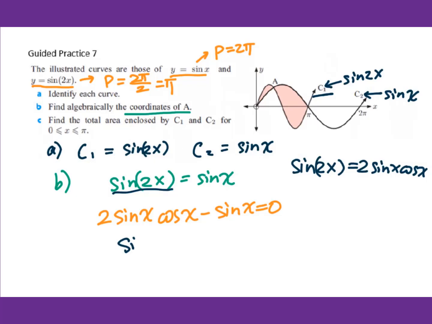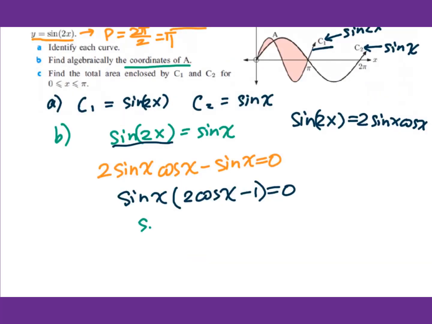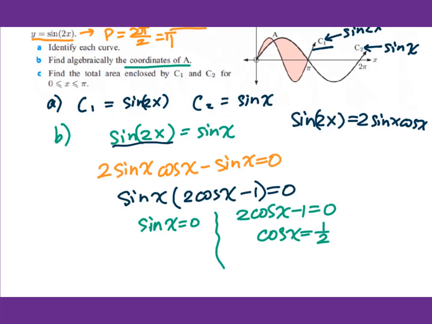Then the common factor will be sin x, and 2 cosine x minus 1 equals 0. Therefore, you will get sin x equals 0 and 2 cosine x minus 1 equals 0. Then cosine x equals 1 over 2.